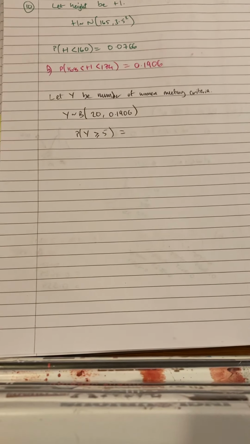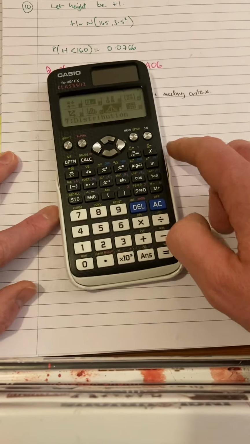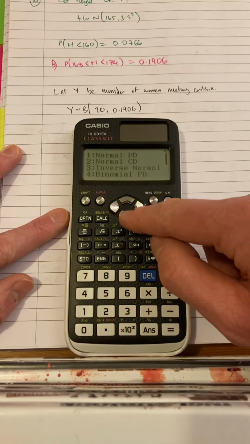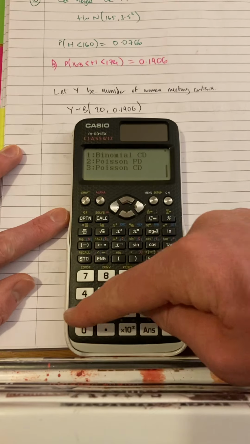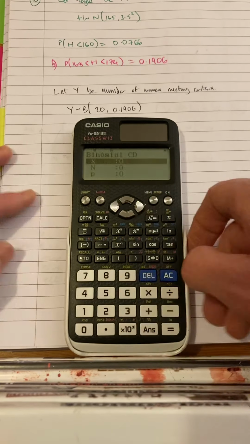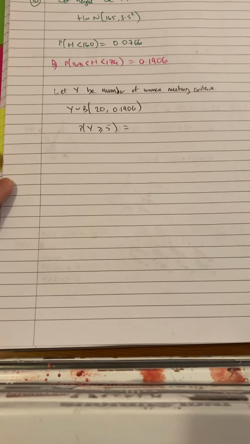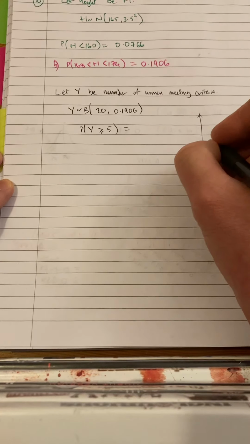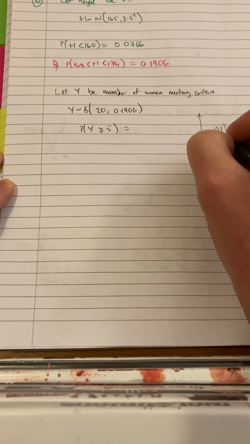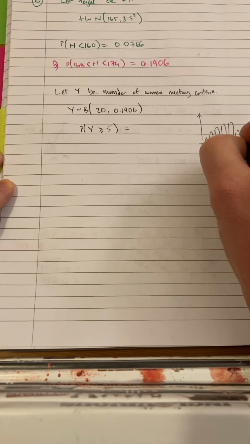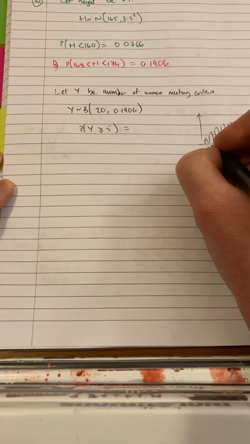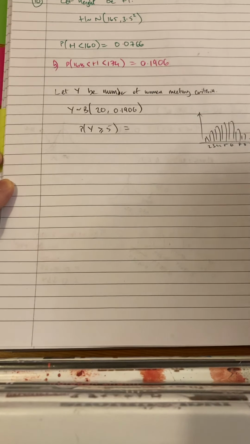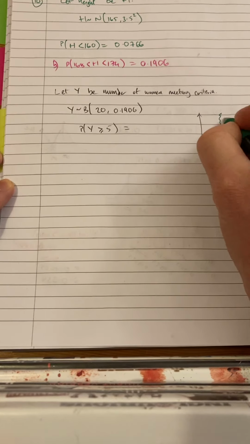Now I'm going to go to my calculator, to distribution, and this is binomial CD. Actually, I'm not going to go to my calculator yet. Just think back: I want Y to be greater than or equal to 5. So I want all of 5, 6, 7, 8 and so on.